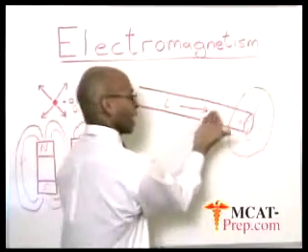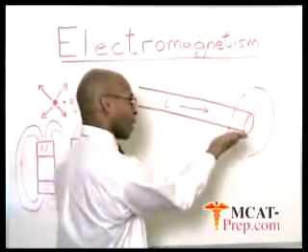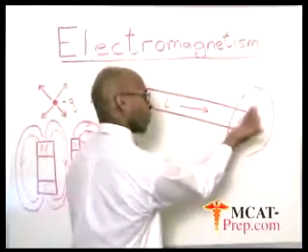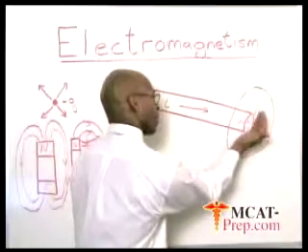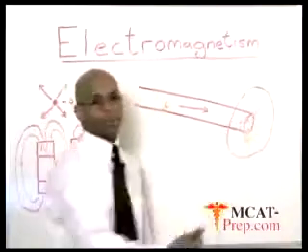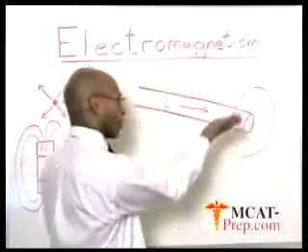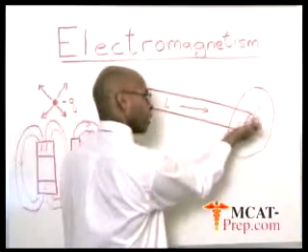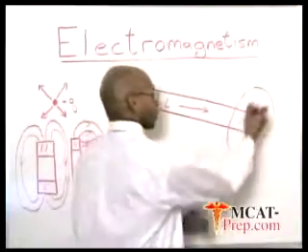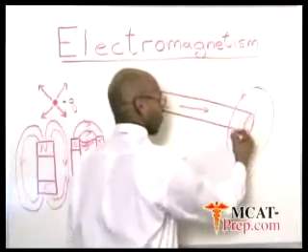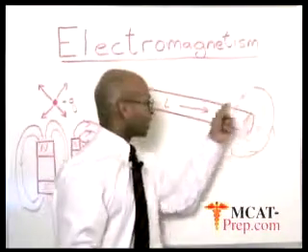So here's my right hand, thumb pointed in the direction of the current, and I bring my hand to try to grab the wire. By grabbing the wire, my fingertips describe the direction of the magnetic field. So, bringing my fingers around, the magnetic field is in this direction.